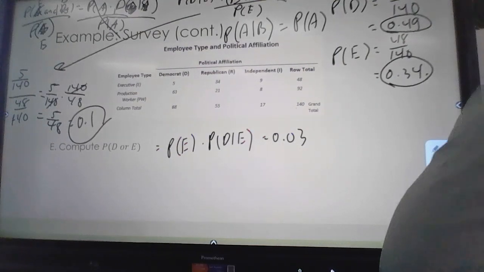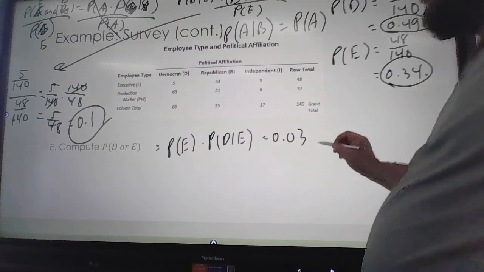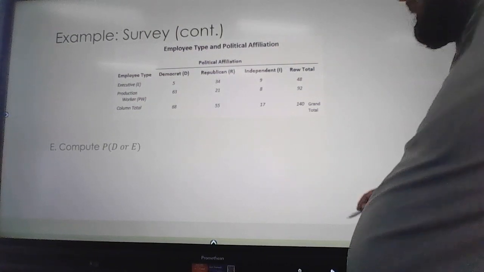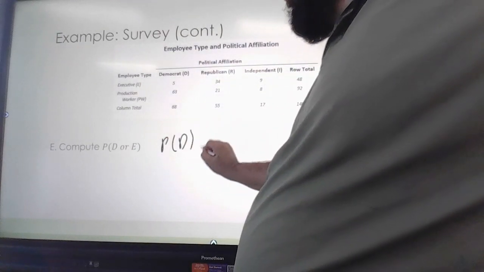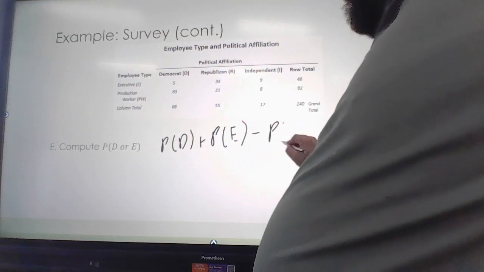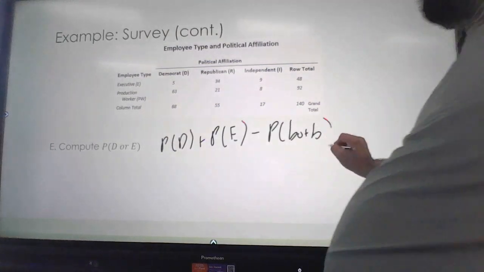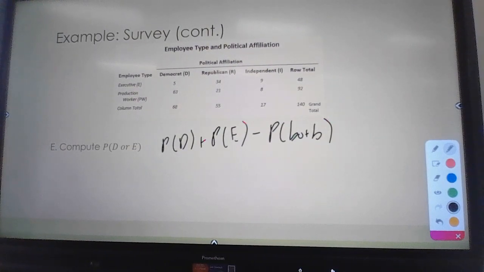So now we know that they're not mutually exclusive, right? Because of that, we have to calculate the probability of D plus the probability of E, but then we have to subtract the probability of both, so that we don't encounter that double counting that we talked about.